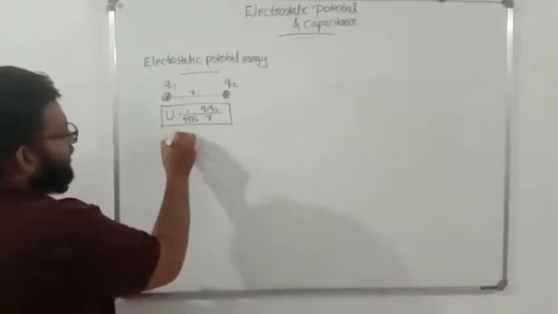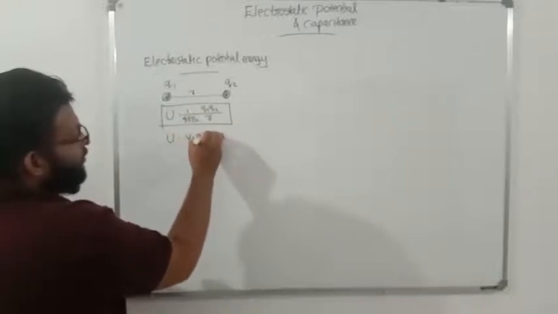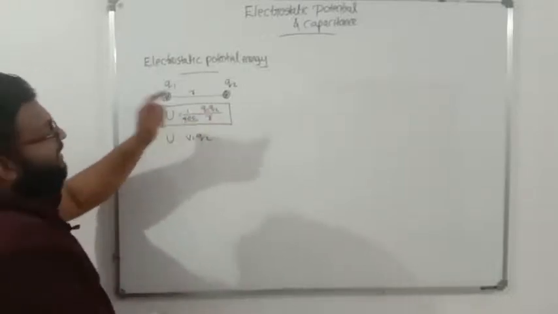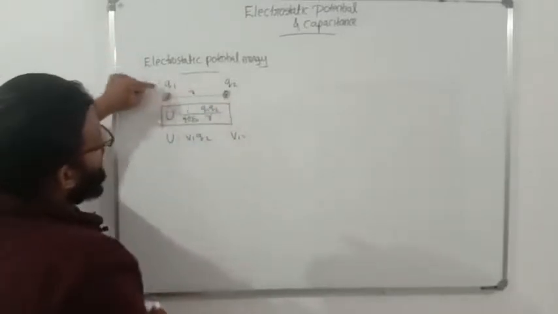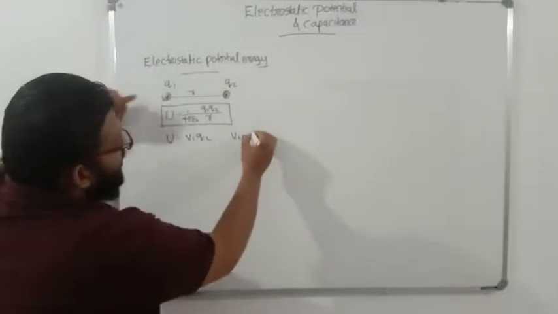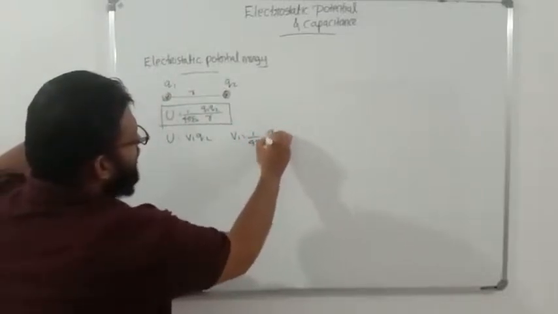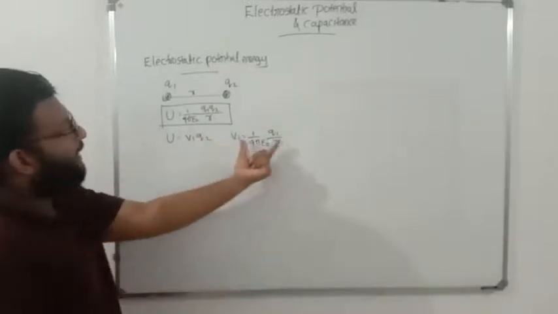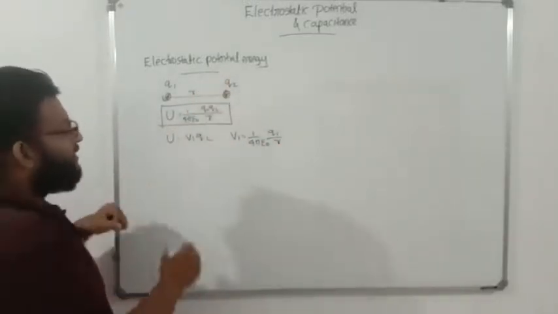Now look here. We can also write V1 into Q2. What is V1? V1 is the potential due to Q1 at this point, which is 1 by 4 pi epsilon 0 Q1 by R. So if you multiply this potential with the second charge, you can find the potential energy gained by the second charge.